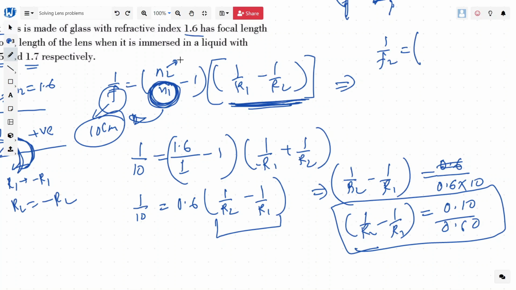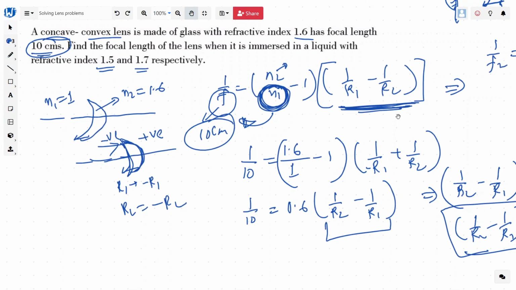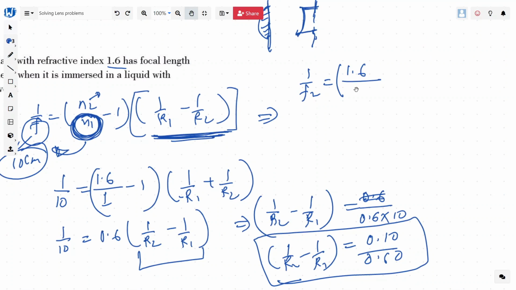And then the refractive index of the lens is the same, which is 1.6, and now it is in a medium which has a refractive index 1.5, right? So we divide that and we call it n1 is now going to be 1.5 minus 1 into 1 by r2 minus 1 by r1, right?